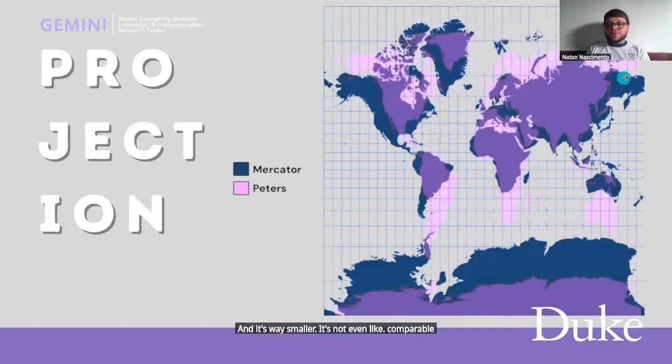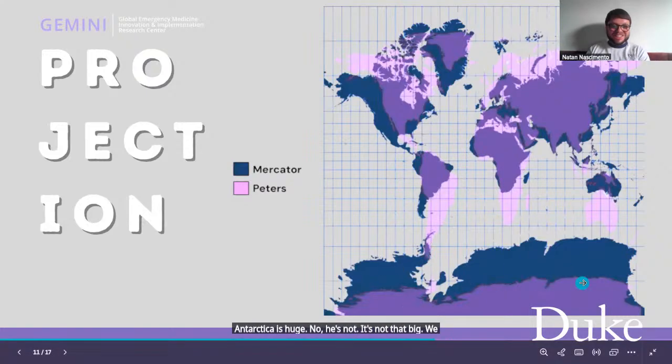The same goes for Russia. Russia seems too big, and it's not. United States, China, all of those, we see as huge countries, or even Antarctica. Antarctica is huge. No, it's not. It's not that big.